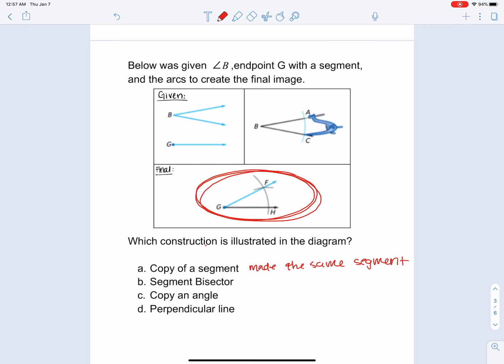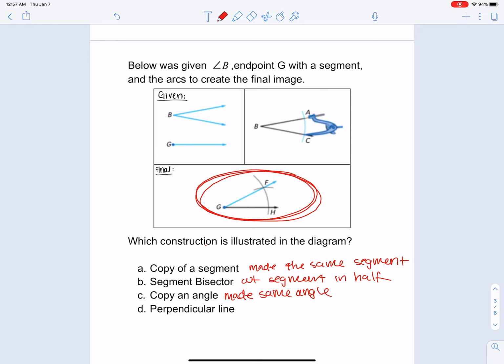Then segment bisector. What does segment bisector mean? Very good, cut a segment in half. Then you have copy of an angle, meaning you made the same angle.